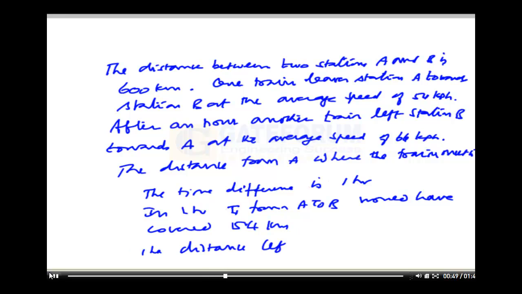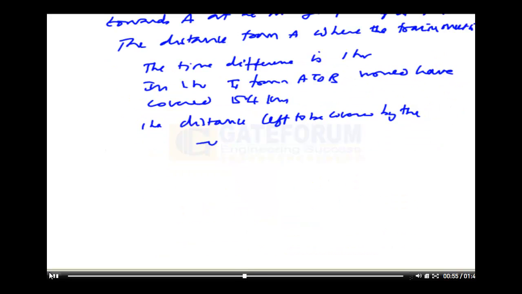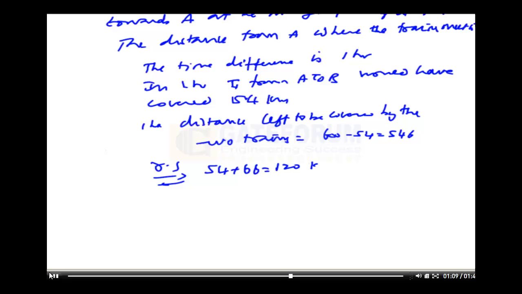The distance left to be covered by the two trains is 600 minus 54, which is 546. Relative speed in the opposite direction is the sum of the speeds. They are approaching at the rate of 120 kilometers per hour. Time taken is 546 by 120, which gives you 4.55 hours.